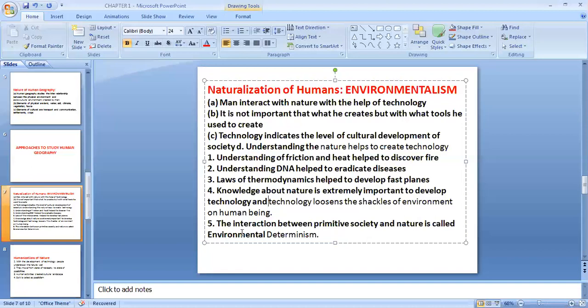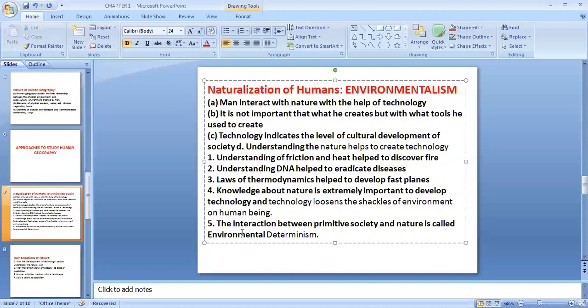At the same time, these approaches extend up to the Arabian cultures also. Arabian scholars or Arabian geographers also gave lots of ideas and contributions towards the naturalization of human.